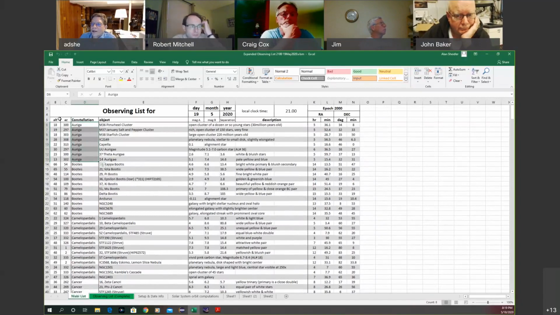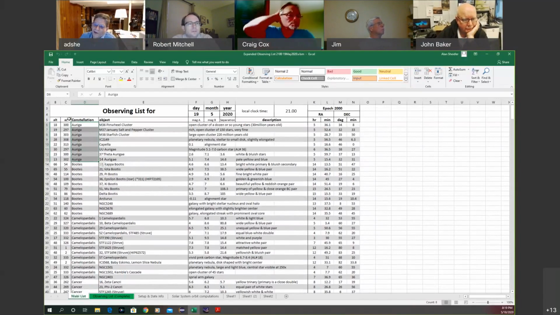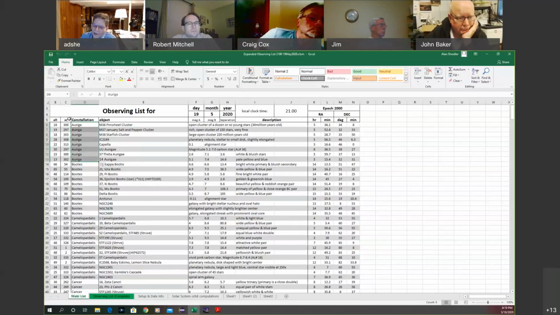The first two columns here are altitude and azimuth. Number one, this gives you a good feel for where you're going to point the telescope roughly. If you're going to be star hopping, or use setting circles, you might want to at least get a rough idea of where to point the scope to start with.